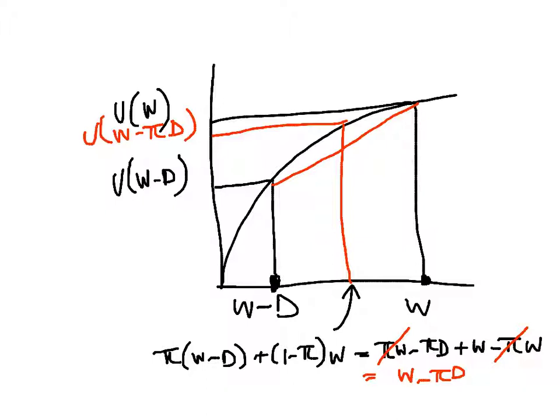So this is why I'm happy to insure, right? Because if I choose to insure completely, I'm getting this no matter what, and if I'm risk averse, the utility will be greater than simply taking on that gamble, taking on the risk of loss.